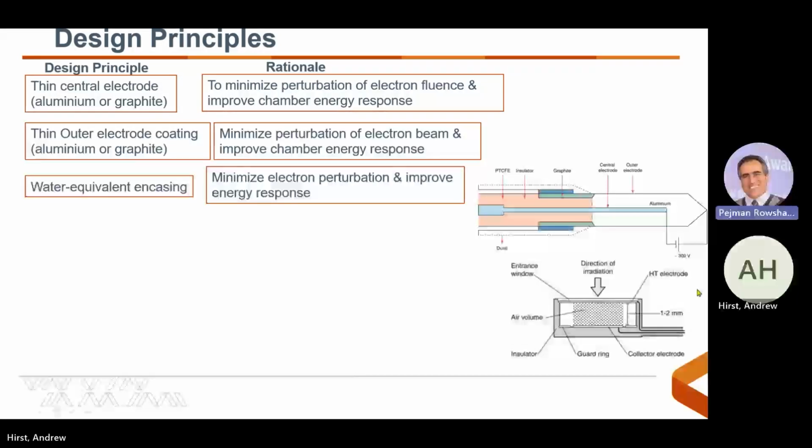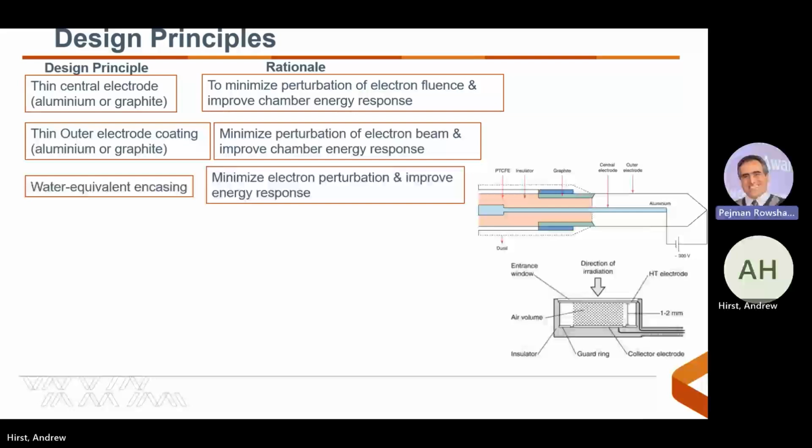So any deviation from water's effective atomic number, about 18, matters. Aluminium is going to be a bit higher than that, so you're going to have a greater number of electrons produced due to the photons. So you want all of your materials to be as water equivalent as possible.